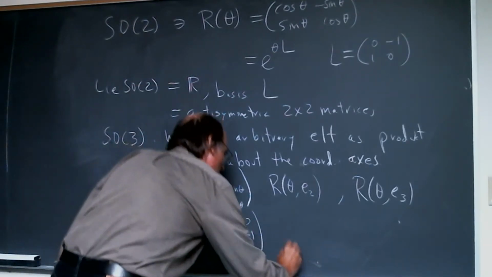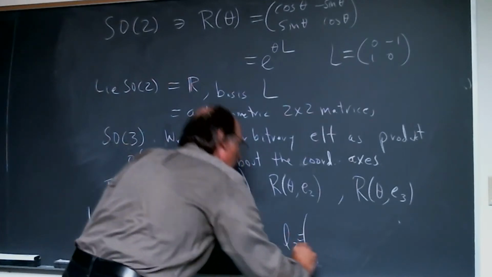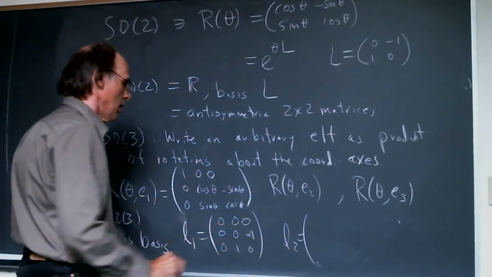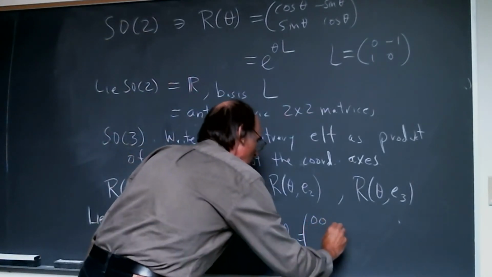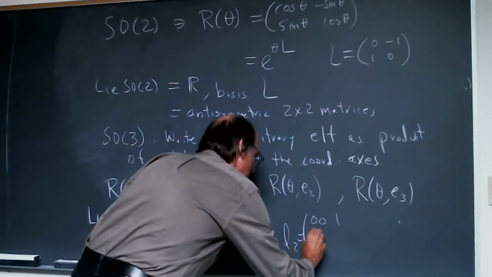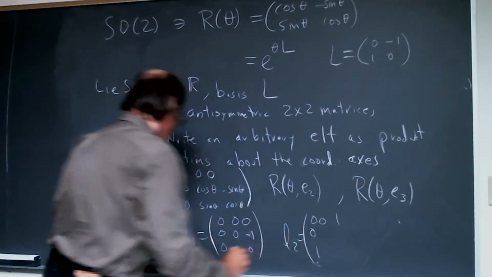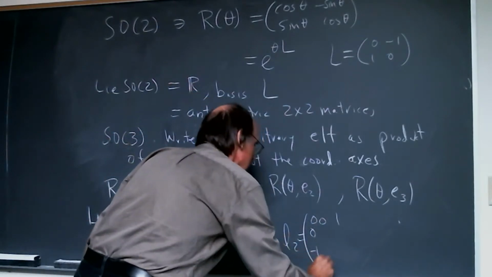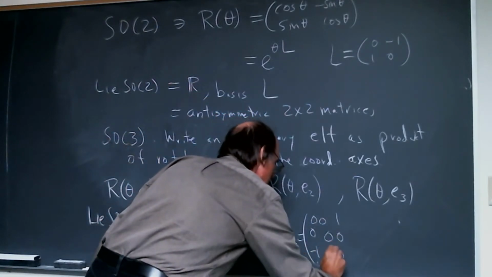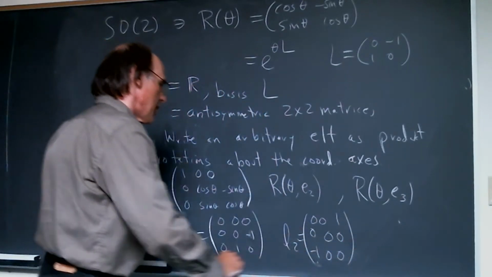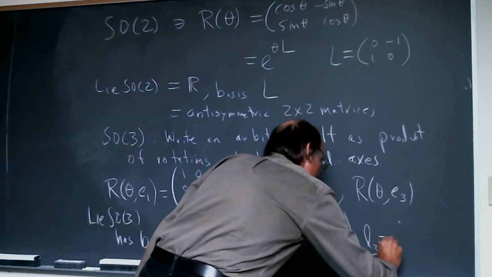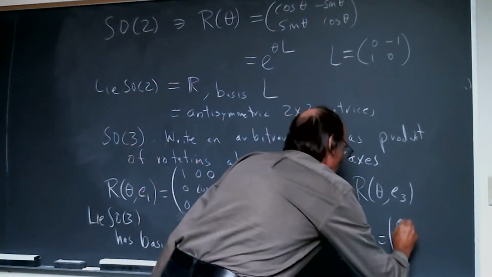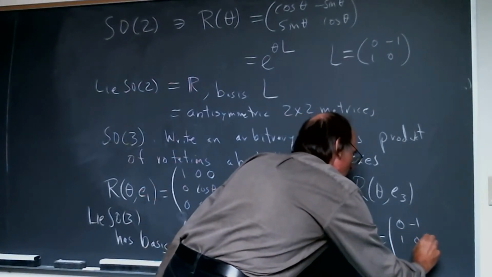And L2 is going to be 0, 0, 1, 0, 1, and then more 0. Sorry, this is the minus sign, 0, 0, 0, 0. And L3 is going to be just this guy, but with this guy moved down here, so it's 0, -1, 1.